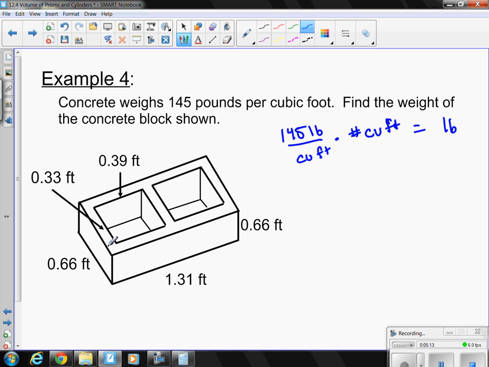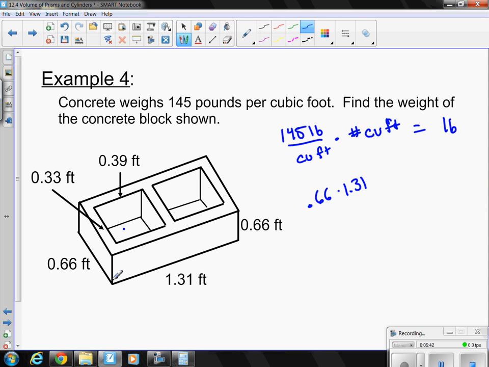So I have to basically find the volume of the big rectangle, and using that volume addition postulate, I can actually subtract out the two missing rectangles. So I'm taking the volume, since it's a rectangular prism, 0.66 times 1.31.